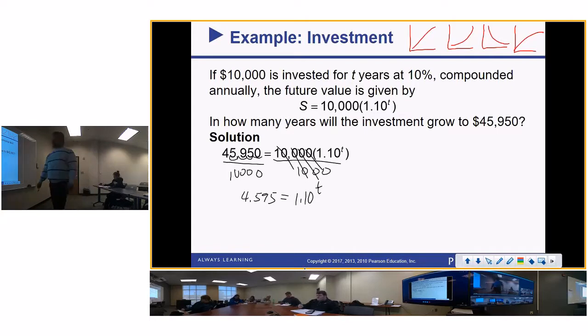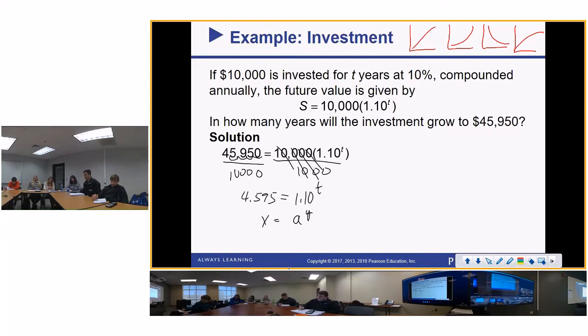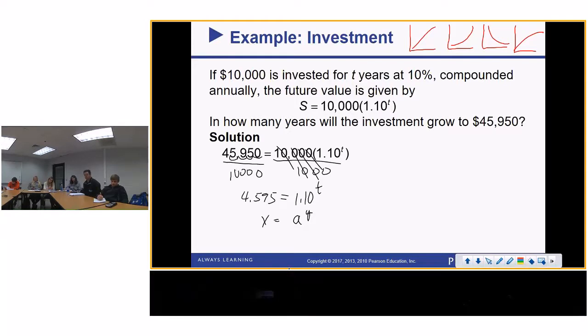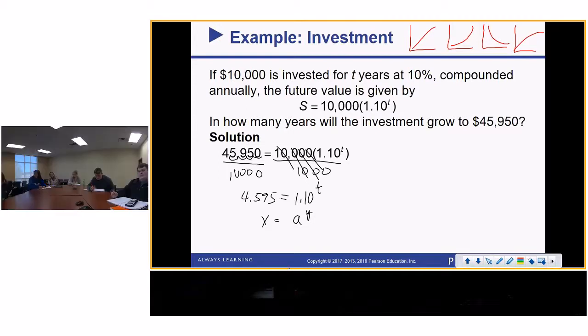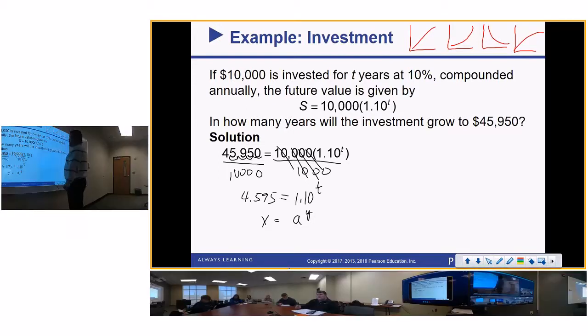You've got x is equal to a to the y power. And that's going to be equal to log base what?